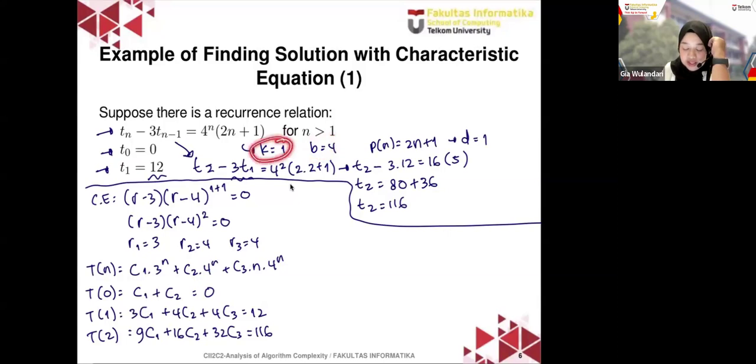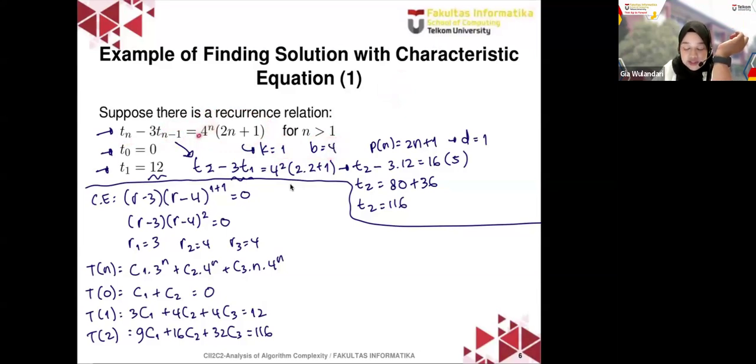So k is the highest subtraction we have in the index. Because it is n minus 0 and minus 1, the highest subtraction is 1. Then for b, it is what we have on the right-hand side, that is something to the n. So if this is 3 to n, then b will be 3.